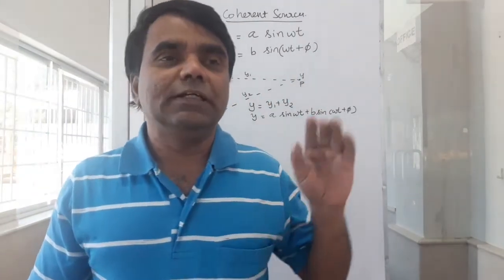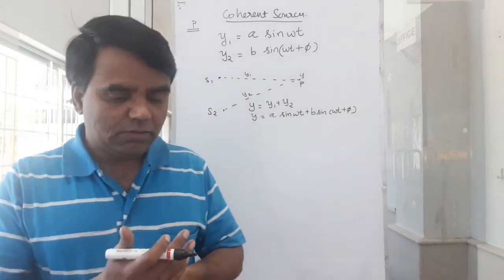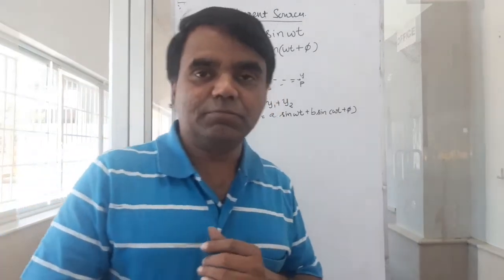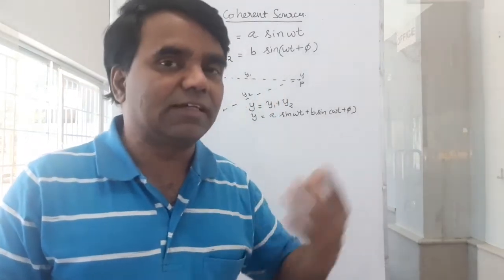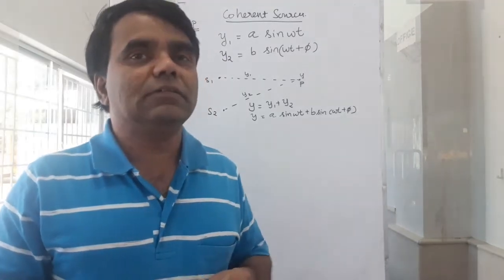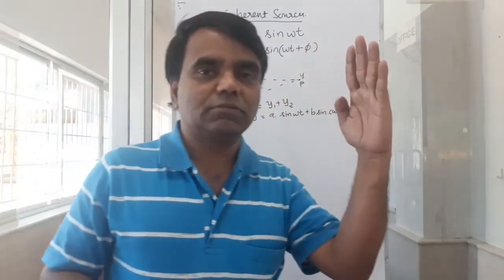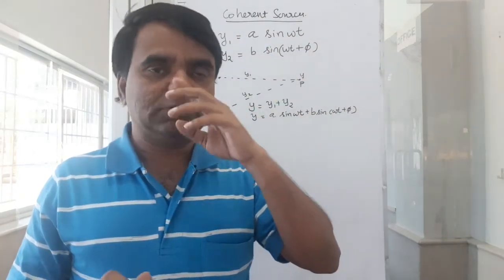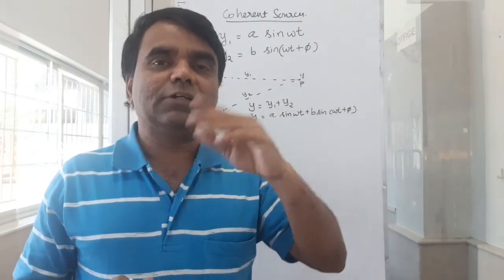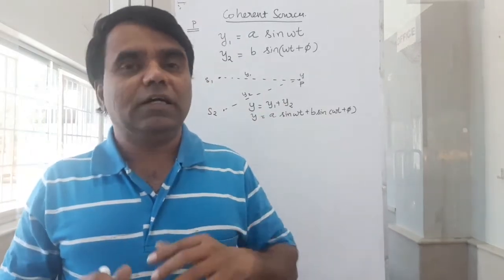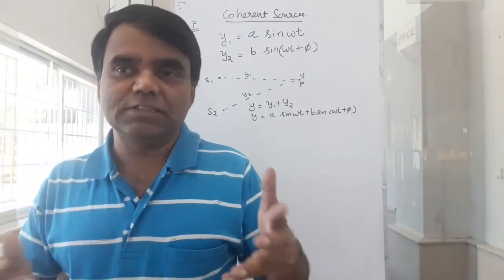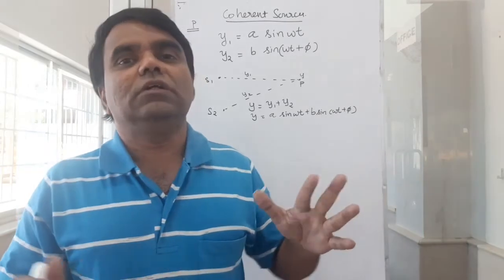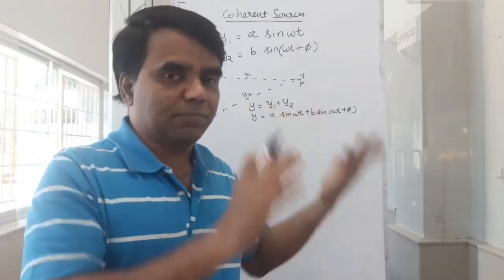Remember, in your electricity and magnetism, we came across what is called a phasor diagram. So what did we say? Well, you had a voltage across the resistor, and there was also a voltage across the inductor, and there was also a voltage across the capacitor.